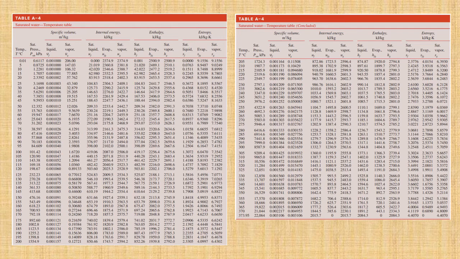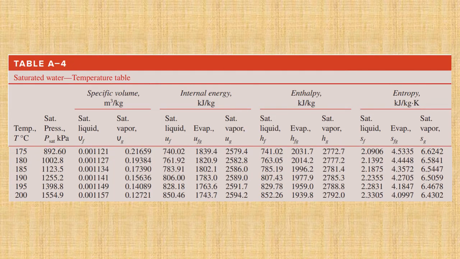We will need to zoom in on this portion of the temperature table, because it contains the given temperature in the first column. The portion of the table looks like this. We first look across the row containing the given temperature.